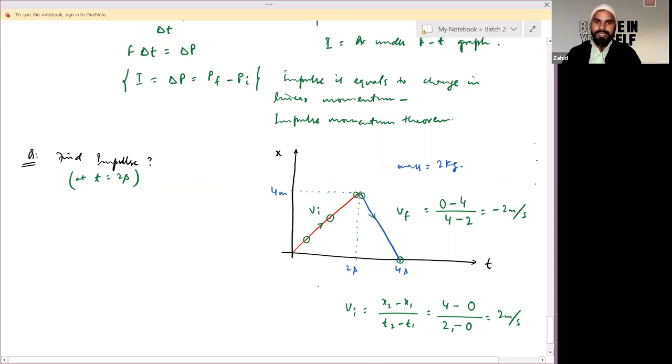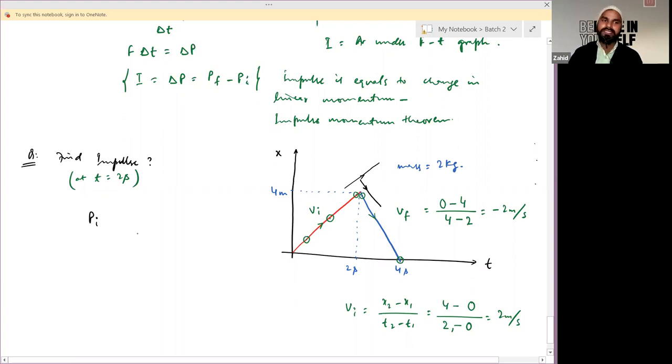Now, at 2 seconds, at this sharp end, this particular line at a very small, infinitely small change towards the left side will have a slope along this direction, which will be Vi. And at the very first moment to the right of it, there will be a slope along this direction, which will be defined by Vf.